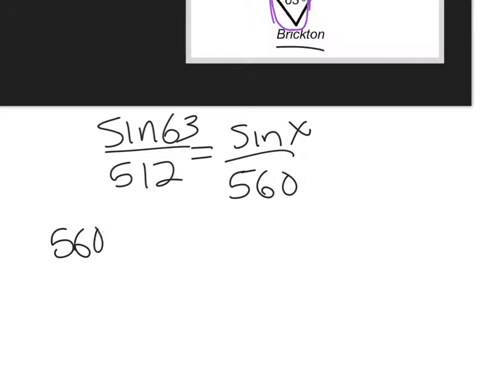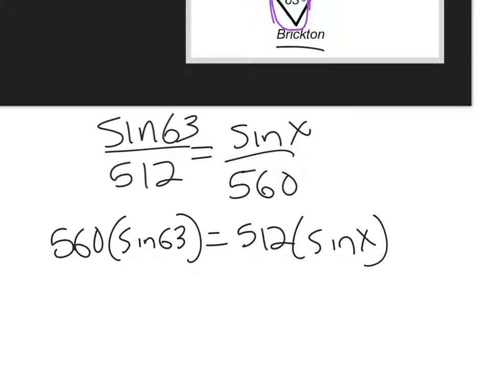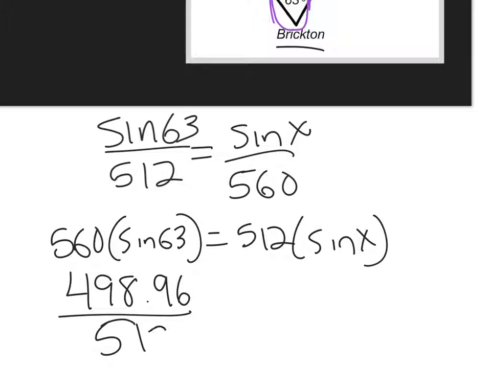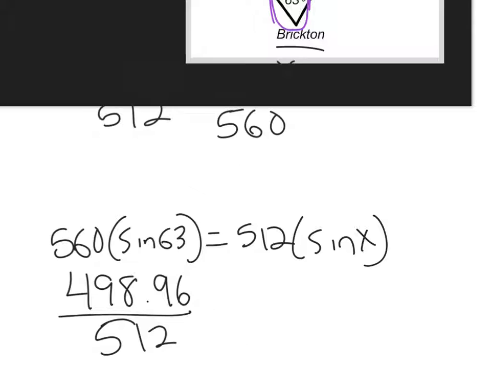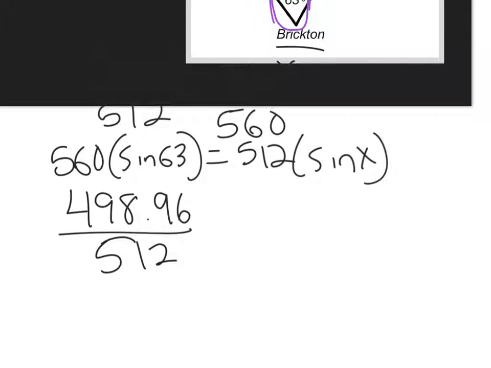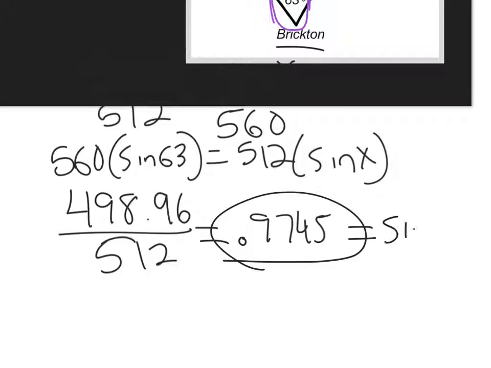So it's 560 times the sine of 63 equals 512 times the sine of x. When I do that, I get 498.96 divided by 512. That's going to give me 0.9745, which is equal to sine of x.